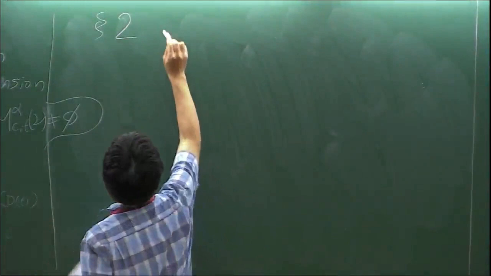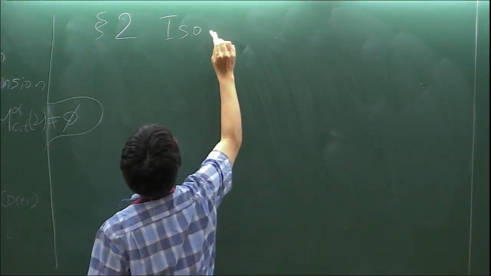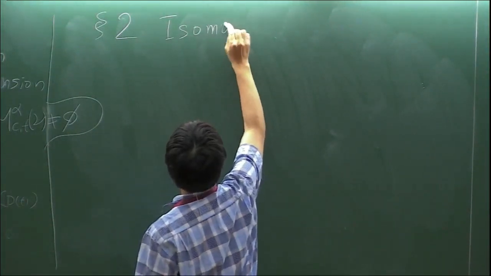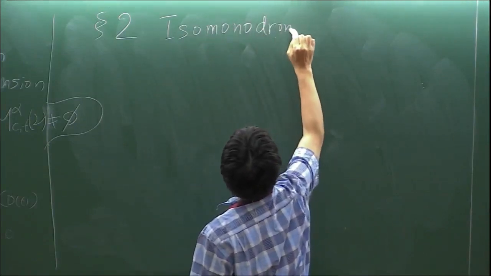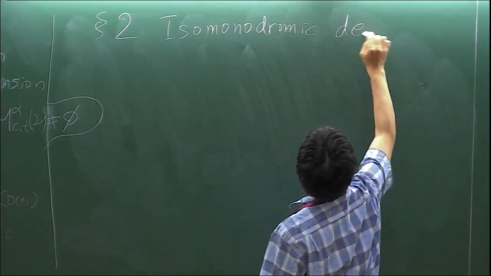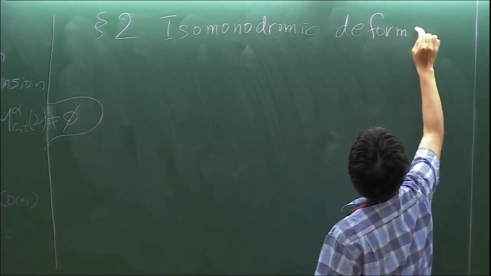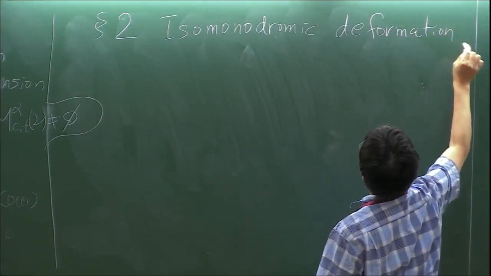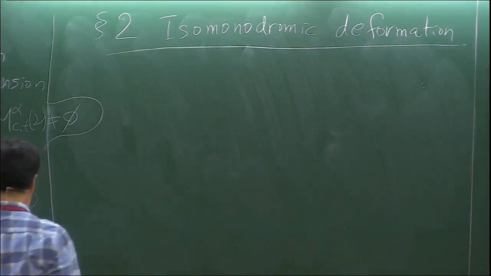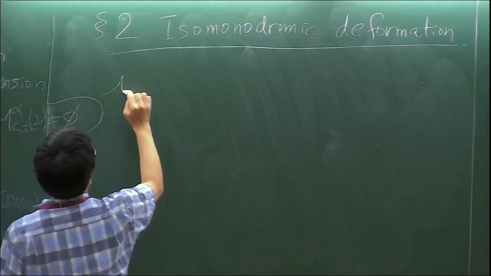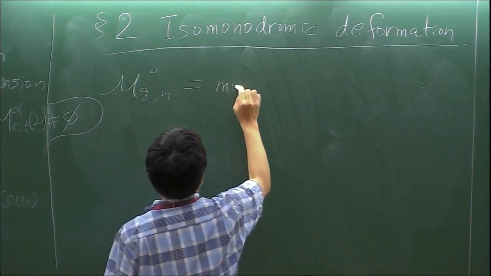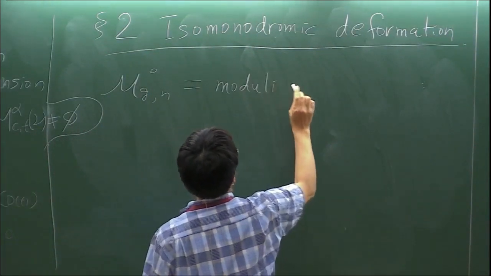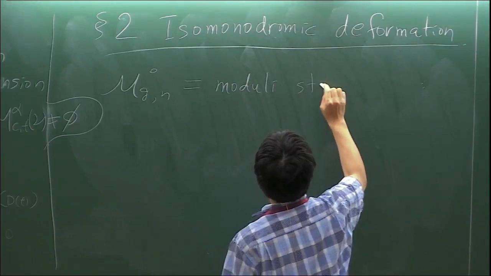So next, I will go to the isomonodromic deformation. Let us consider the moduli stack of smooth n-pointed curves.